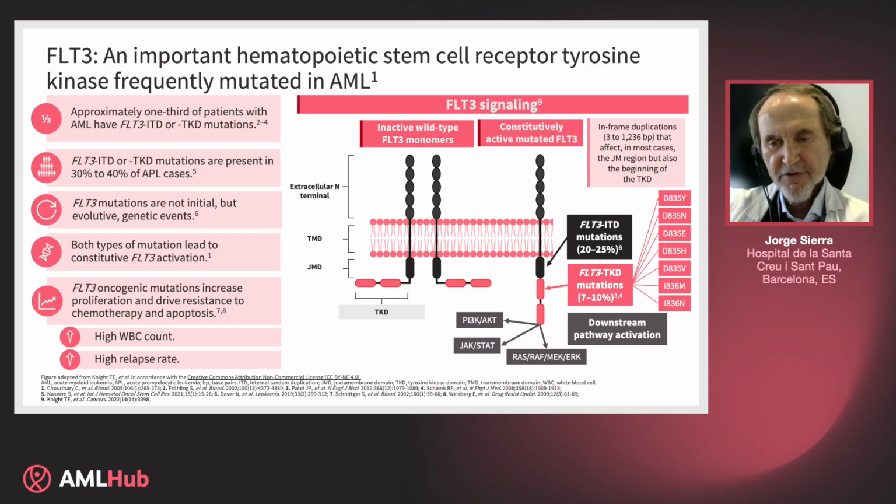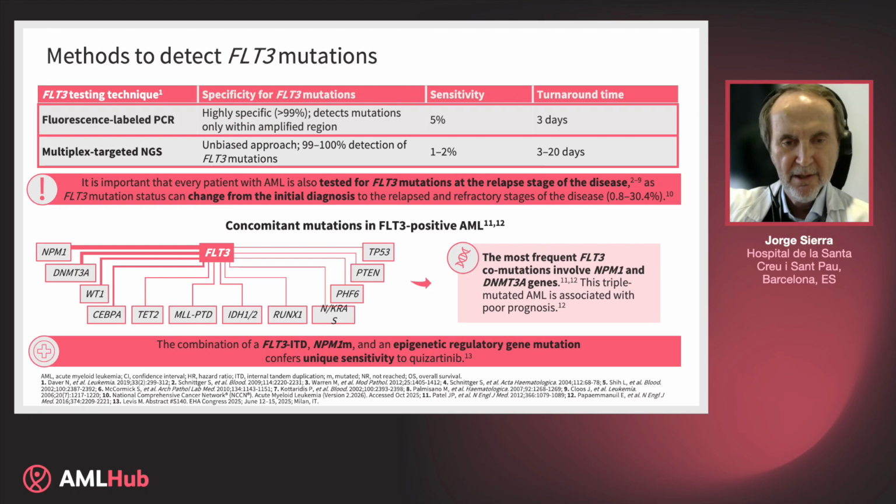As you may see in the figure, ITD mutations involve the juxtamembrane in most cases of the receptors, and in a minority, the beginning of the TKD. The FLT3 ITD are observed in 20 to 25% of patients with AML, and TKD mutations in 7 to 10%. We have two main techniques to identify FLT3 mutations.